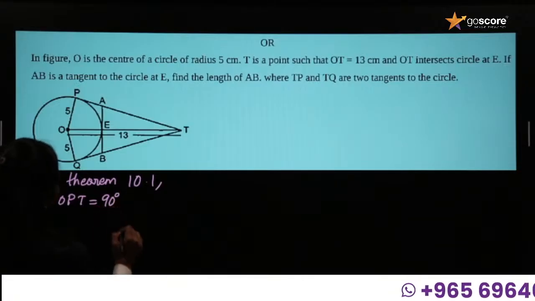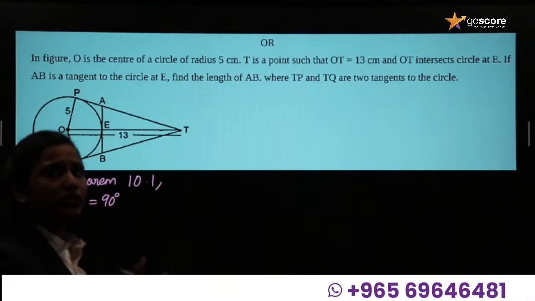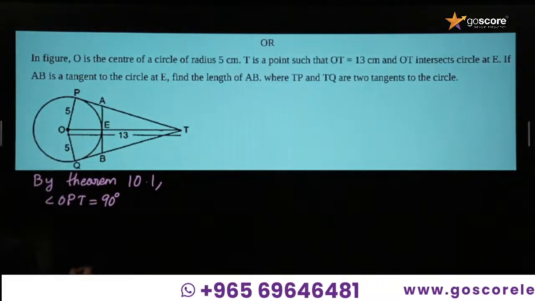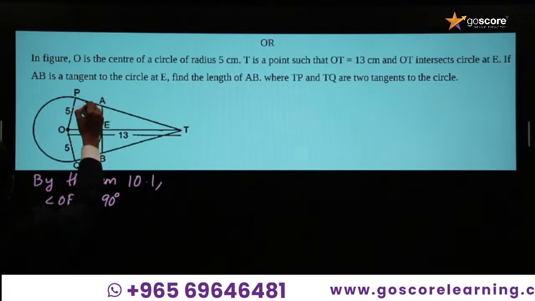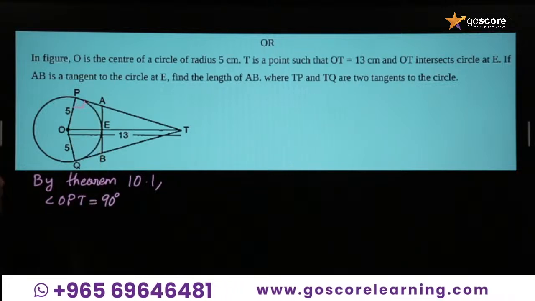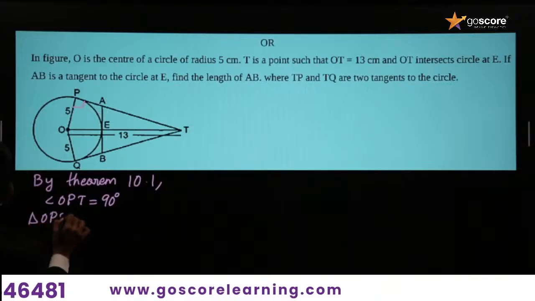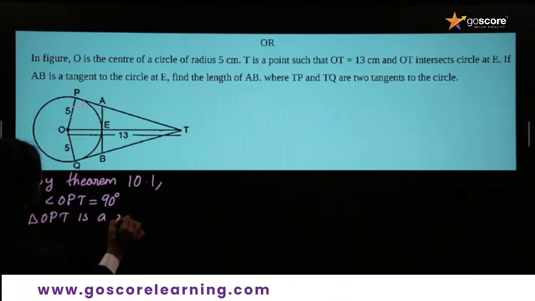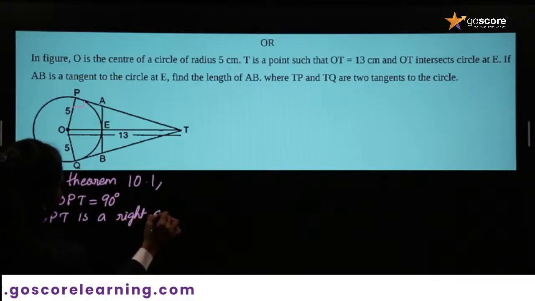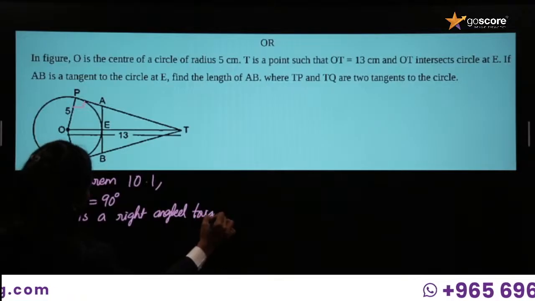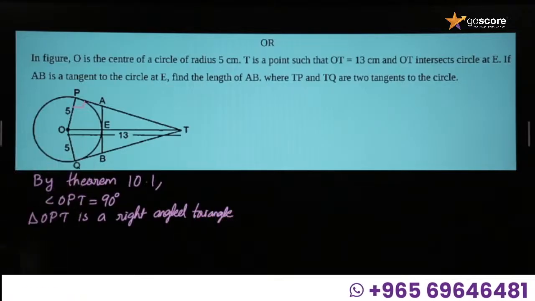What does that theorem say? The radius to the point of contact is perpendicular to the tangent. So we can write angle OPT is equal to 90 degree. That means this angle is 90 degree. Then that makes triangle OPT a right angle triangle.